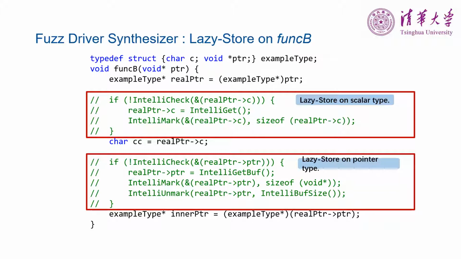As for the pointer type variable in the pointer, if it has not been stored before, IntelliGen allocates a large buffer and marks the buffer as unstored. Then, IntelliGen assigns the beginning of the buffer to the variable in the pointer. In addition, after the lazy store operation, IntelliGen marks the variable as stored, in order to avoid storing twice.